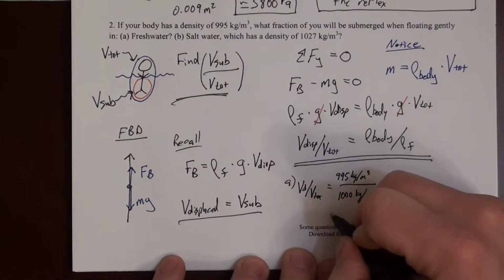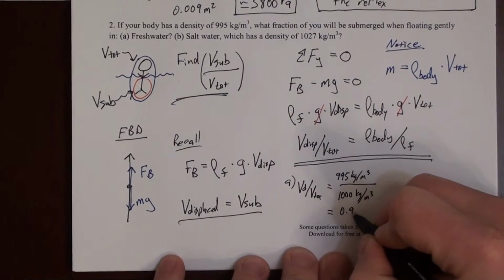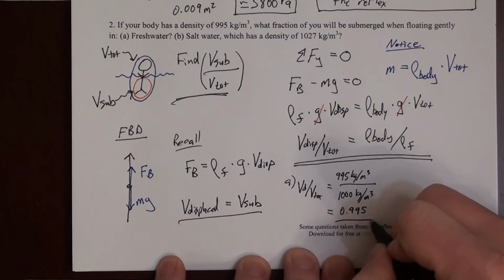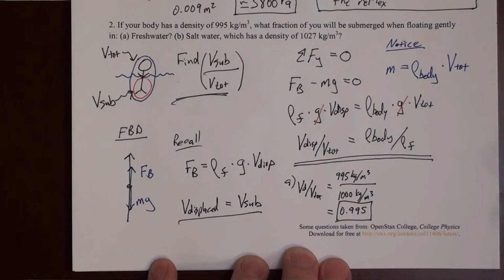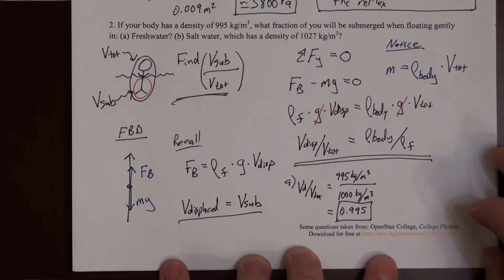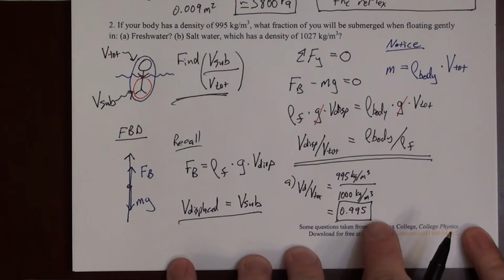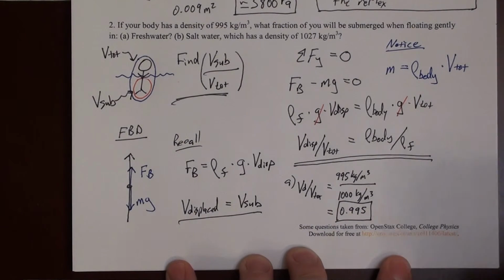And what I get for that one, I just need to move the decimal a few places, 0.995. So that's the fraction, or the part of 100. This 0.995 of the body is submerged in fresh water, so that's quite a bit of it.